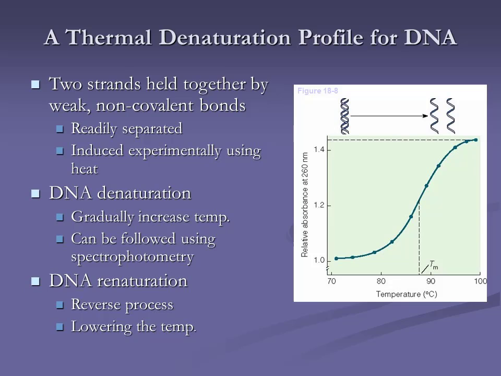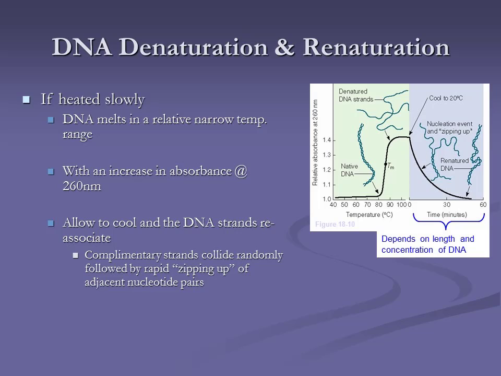So once again, here we see an experiment where we heat our DNA up. You see we're going up to 90, 100 degrees. So we've completely melted our DNA. We've gone from double-stranded to single-stranded DNA. Then at this point, we start dropping our temperature. You say cool it down to 20 degrees, room temperature-ish.